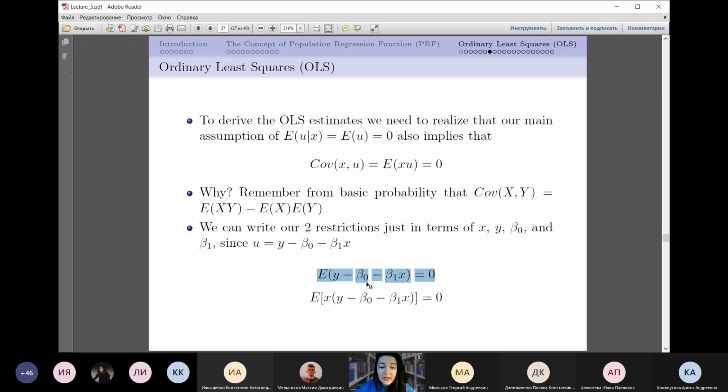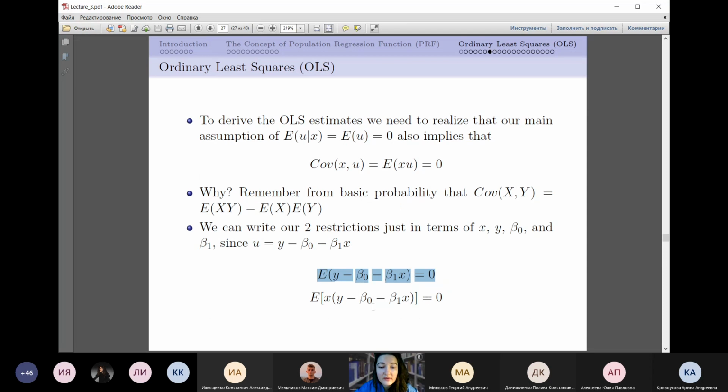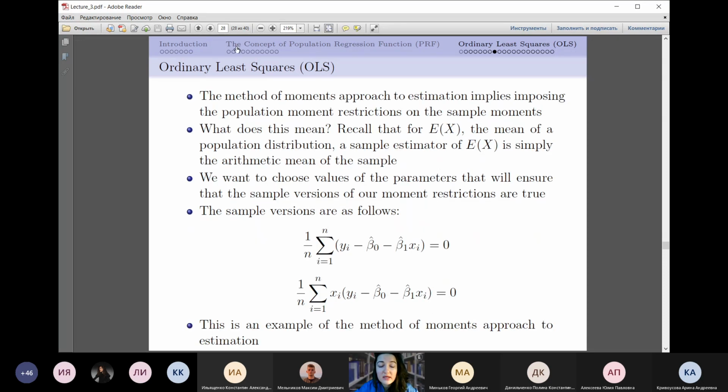So here we impose two restrictions on the joint probability distribution in the population. Since there are two unknown parameters to estimate, these equations can be used to obtain our estimators of beta 0 and beta 1. So if we can solve these equations, we can find beta 0 and beta 1. And this is called the method of moments.